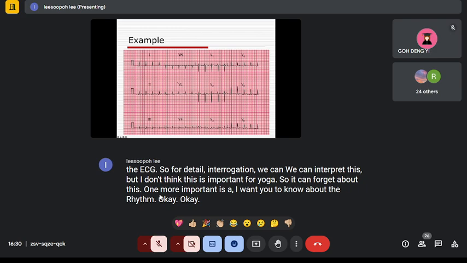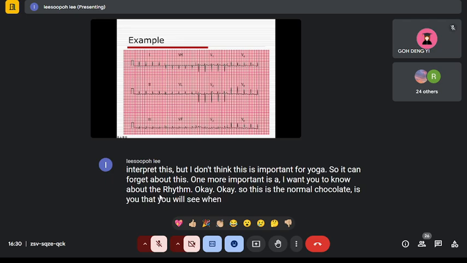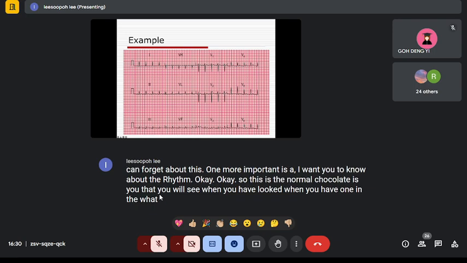So this is the normal 12 lead ECG that you will see when you have one in the ward. Can someone try and tell me what they see on this ECG?